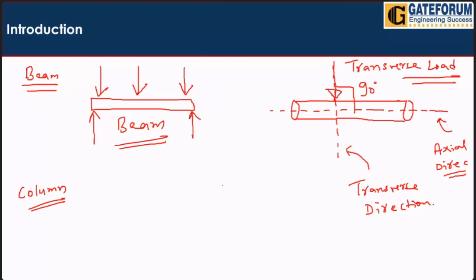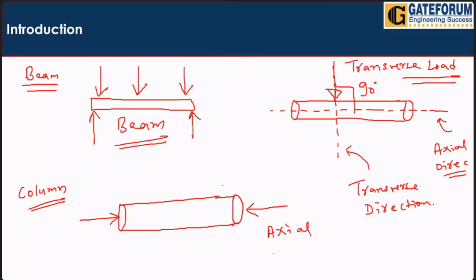Suppose I am using the same cylinder as a column, but here axial load should be there. If this one is subjected to axial compressive load, then this will become a column.